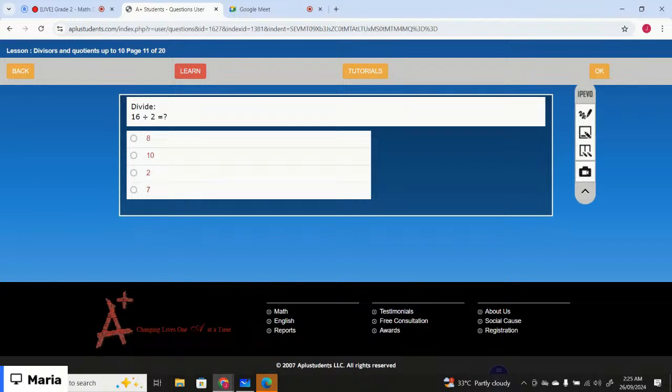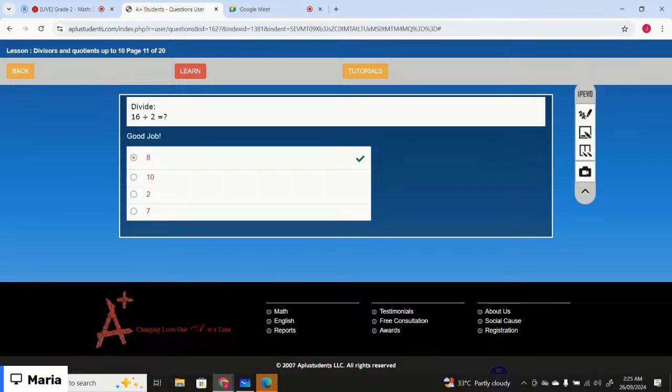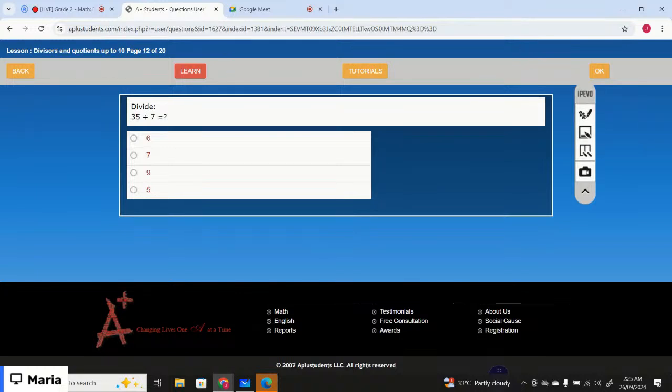So the correct option is 8. Option number 1 is the correct option. The next one is 35 divided by 7.